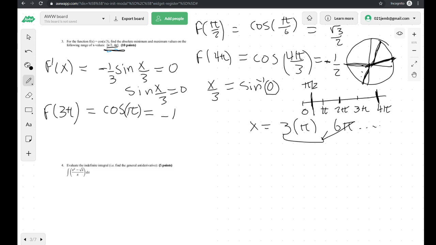So we're looking for the absolute minimum, and that's going to be -1, which is at x equals 3 pi. There you go. So that's your absolute minimum.